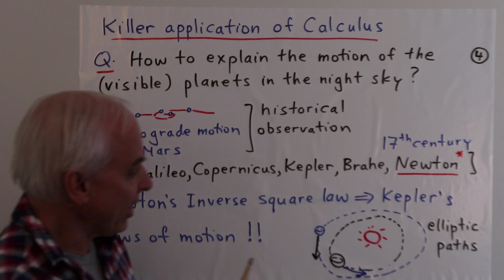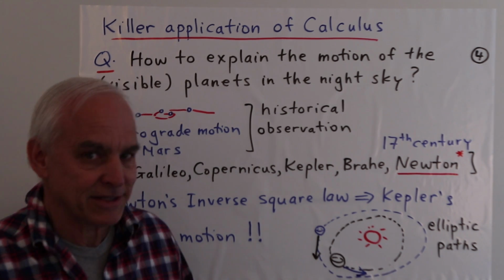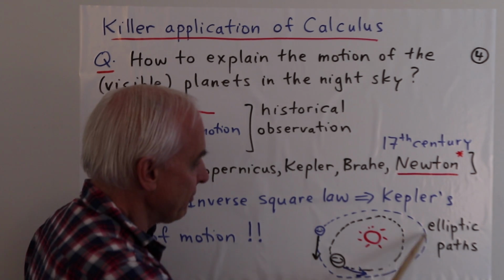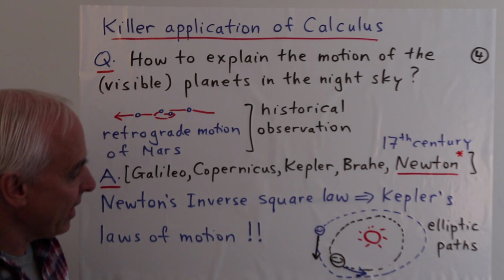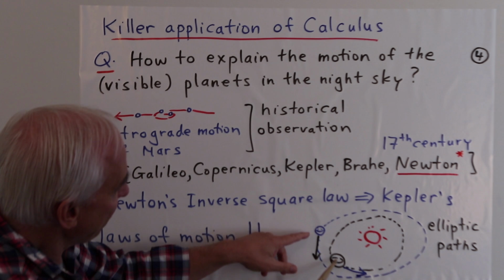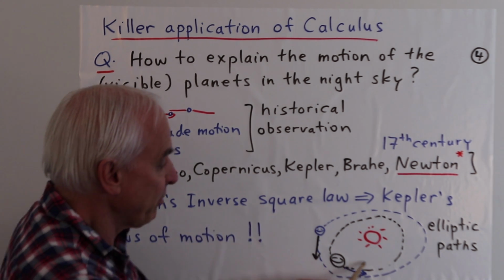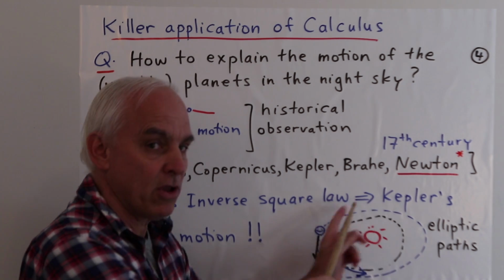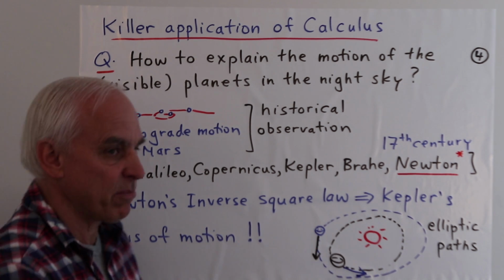And the story is that the planets have these elliptical paths around the sun, and they travel in a rather predictable way as described by Kepler's laws. And so the relative position of, say, Earth and Mars is relatively predictable once you understand that they're moving along these ellipses. And so this retrograde motion can then be explained.